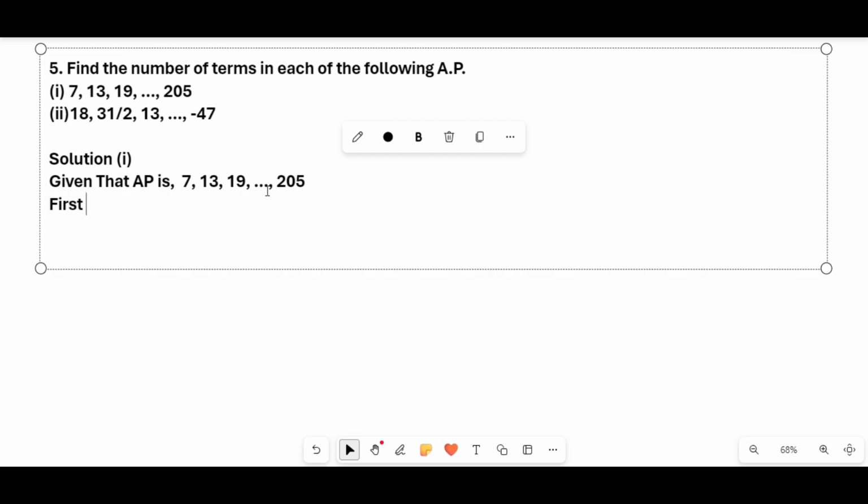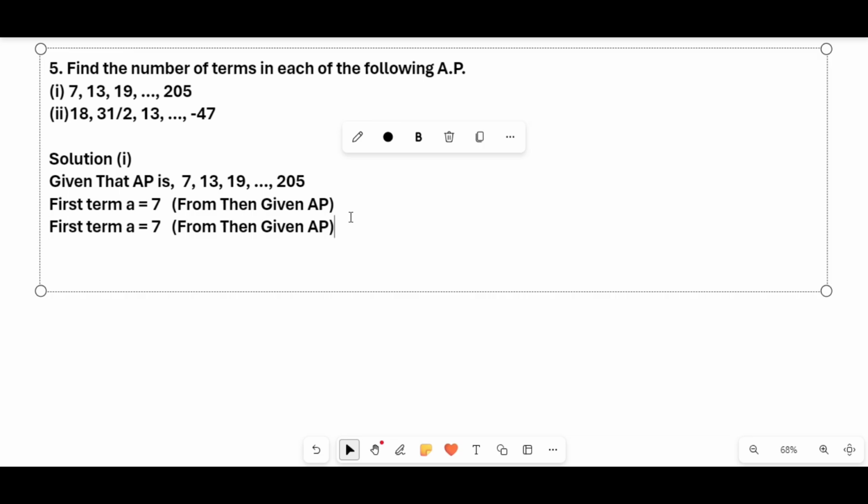If I write first term A is equal to 7 from the given AP. Similarly, the same thing.